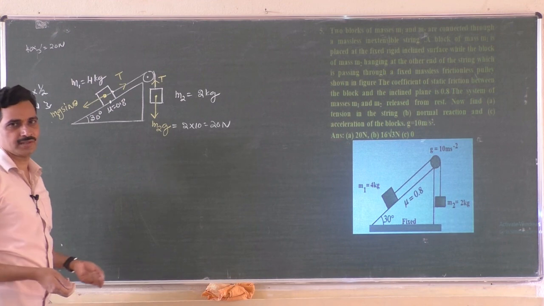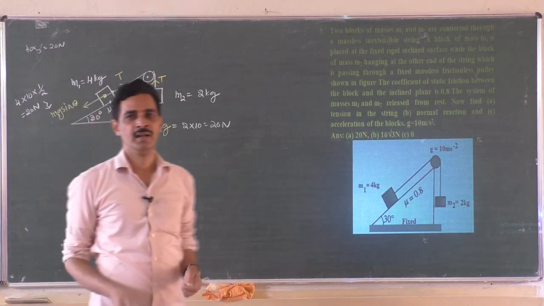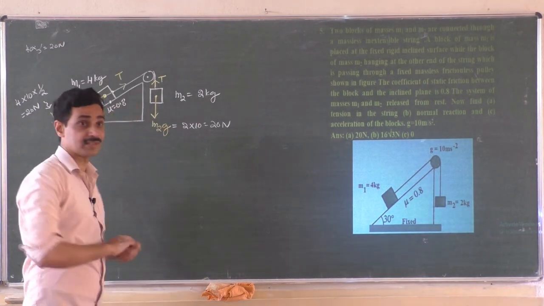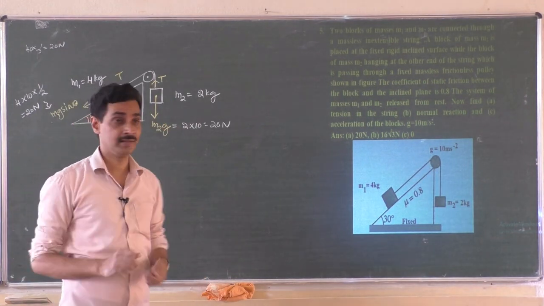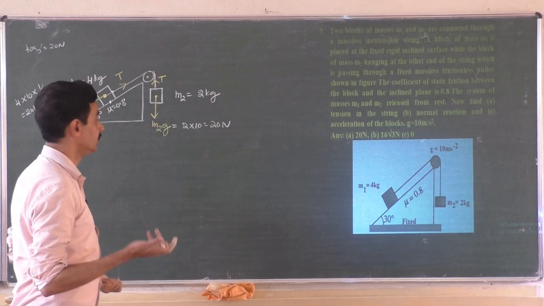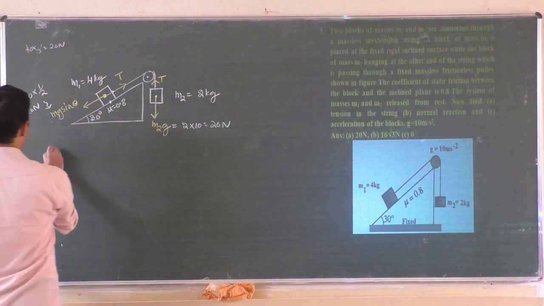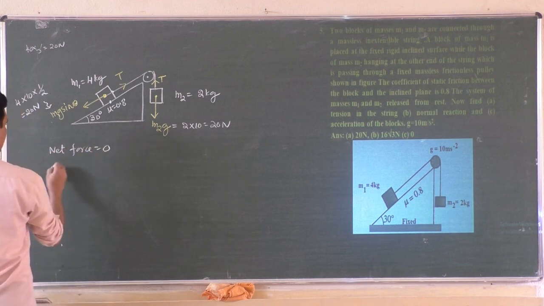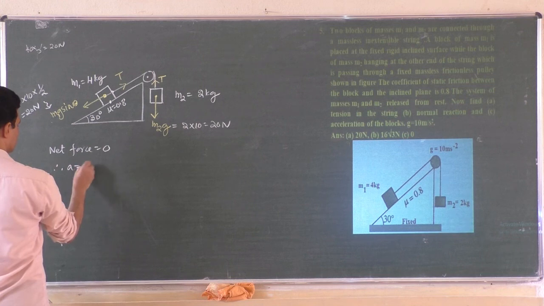Both are equal and opposite, and the block doesn't move at all. So the acceleration is 0, right? Only if it moves does friction come into the picture. The net force acting on the body is 0, so there is no acceleration.